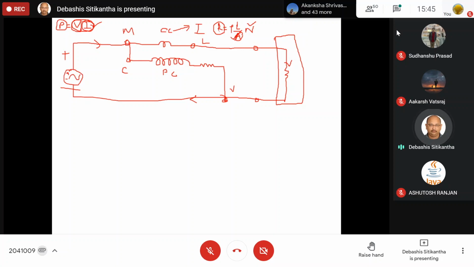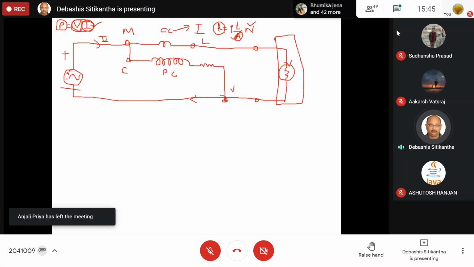Because of this, the current flowing through this closed circuit is almost the current drawn by the load alone. That means this current coil is not going to give any resistance, or so low a resistance that the reading of the current is not affected. I hope you have understood this.